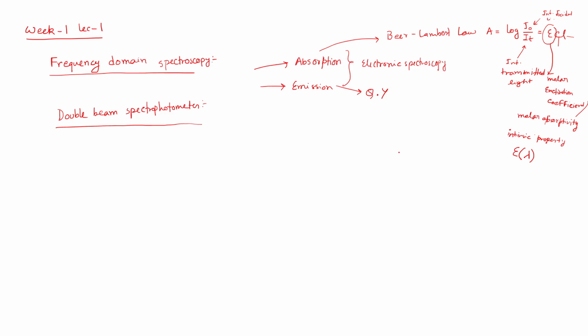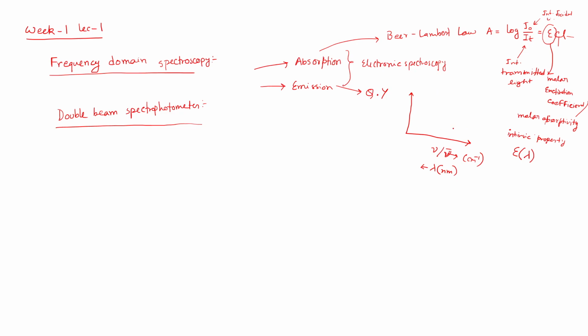In the frequency domain, the x-axis is in energy or frequency or wave number, whatever you like. It can also be put in lambda, the wavelength, and generally the unit is nanometer for this, and for wave number it is centimeter inverse.